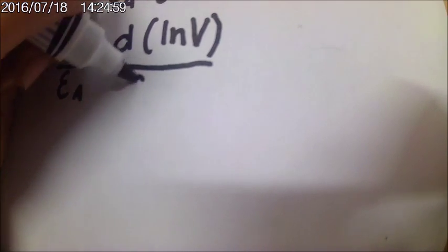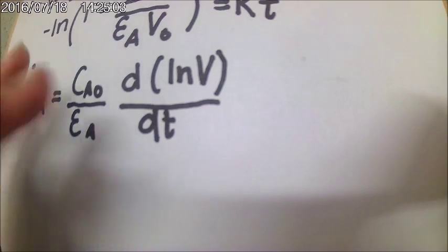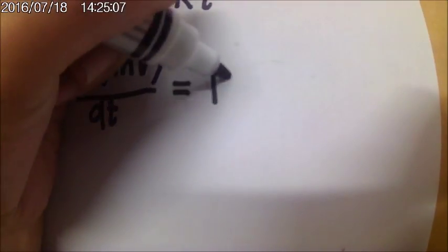So we have RA is equal to CA naught over epsilon A d ln V over dt, which is also equal to k CA.